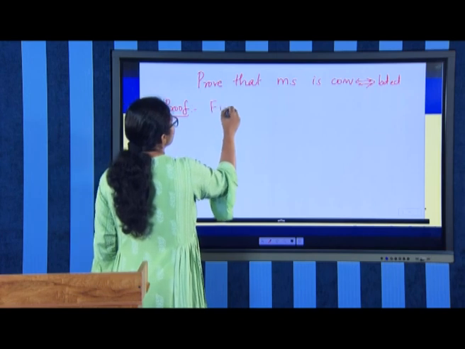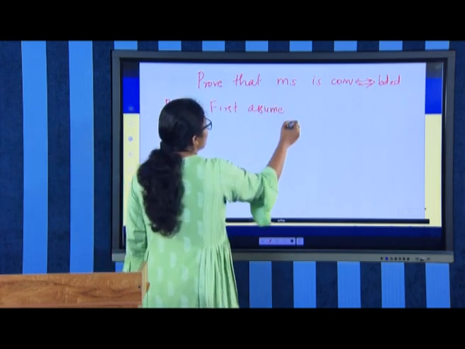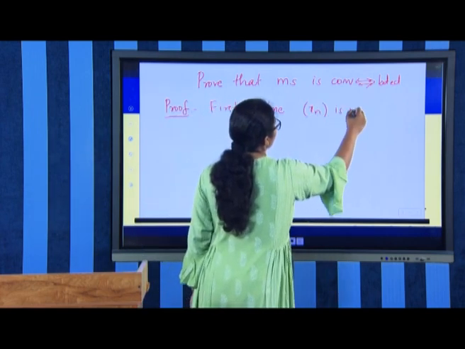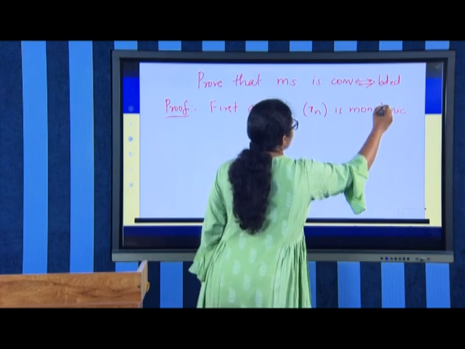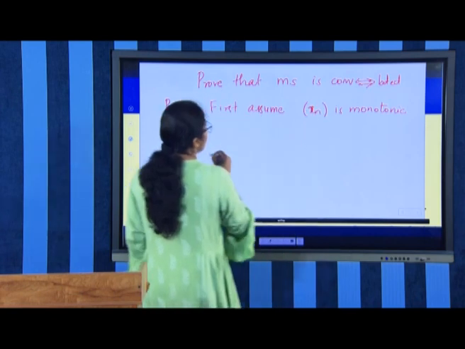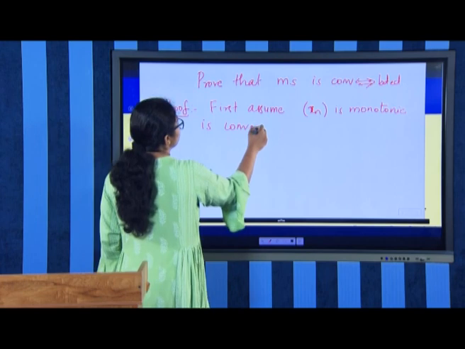First, assume a sequence xn which is monotonic, increasing or decreasing, whatever it be, and let it be convergent.